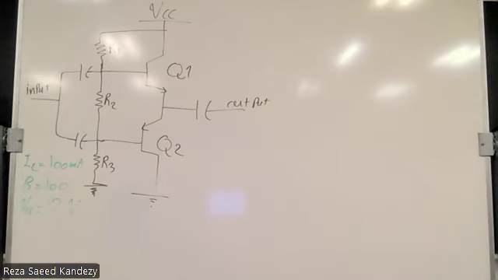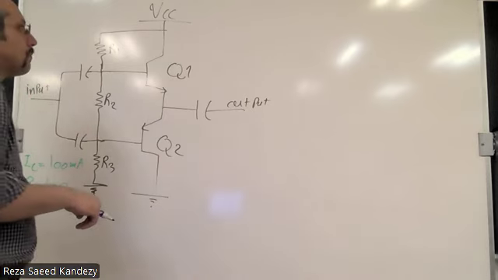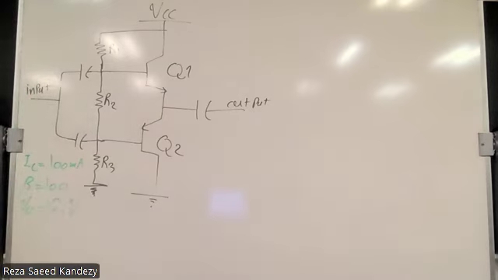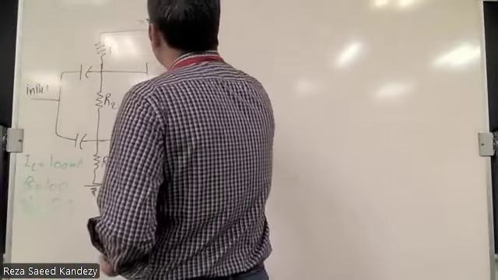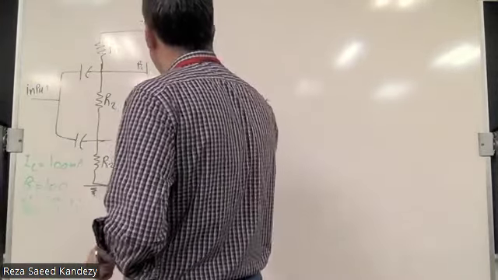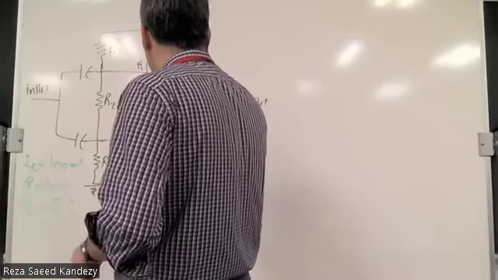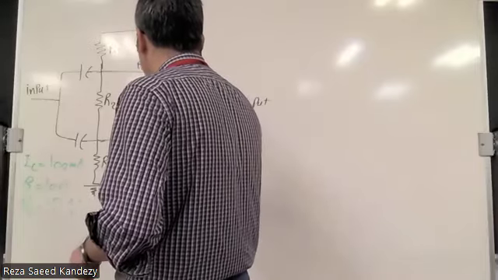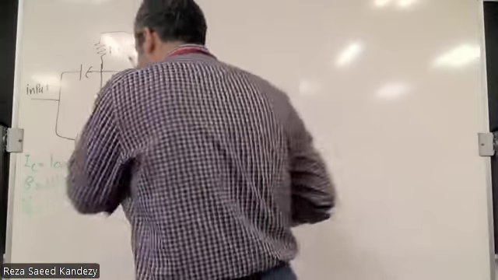You're not going to make a mistake over the base, but the collector and emitter could be a source of common mistakes or basic mistakes, and your system would not work properly. So we have collector, emitter, and base in the first switch, and again, emitter, base, and collector in the second switch.